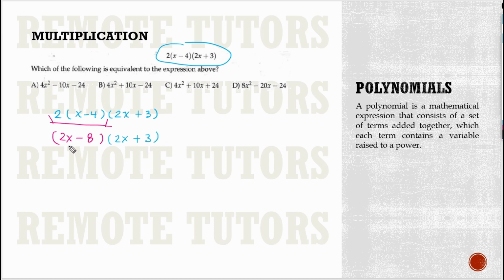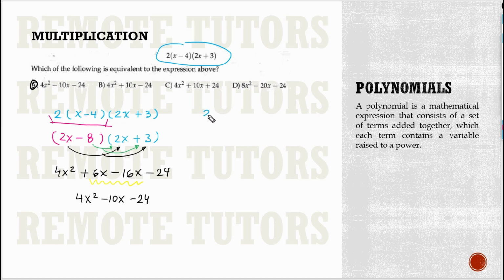So we will apply distribution here. 4x squared plus 6x, and then minus 8 times 2 minus 16x, and at last minus 8 times 3, which gives negative 24. We will combine like terms as usual. 4x squared minus 10x minus 24. And this is choice A.